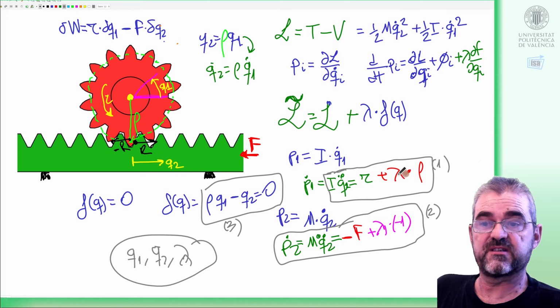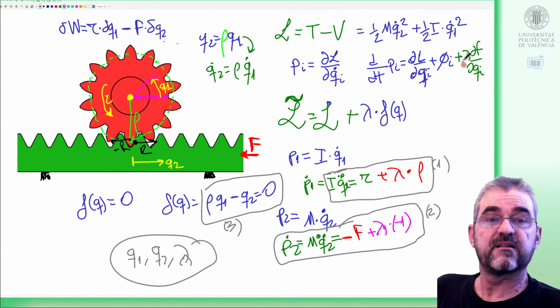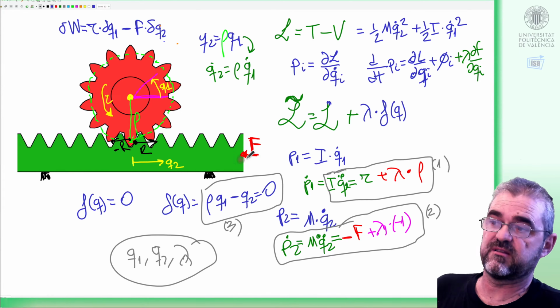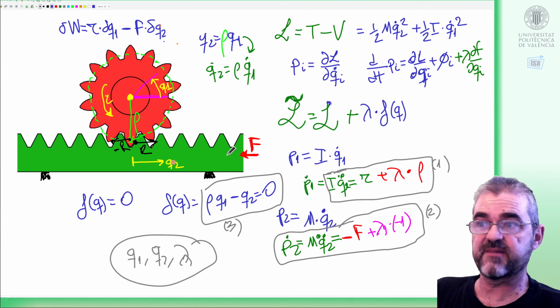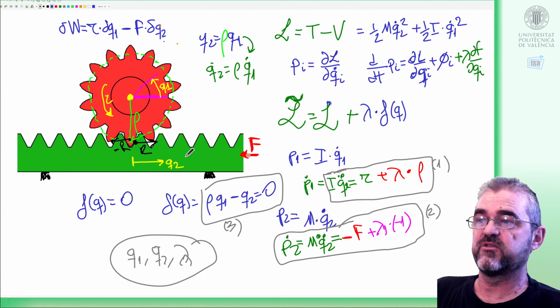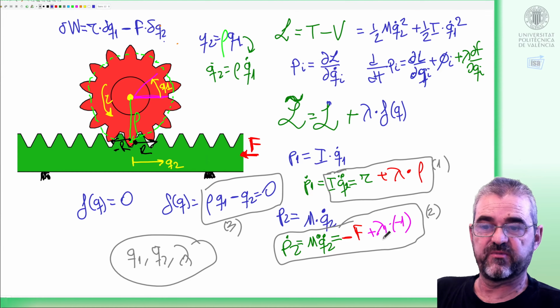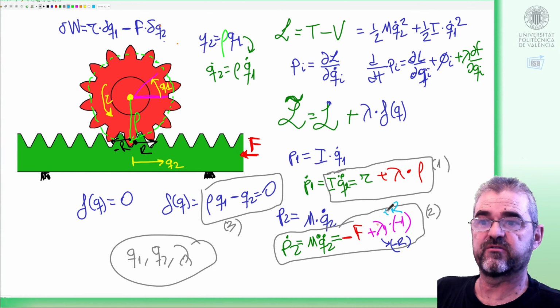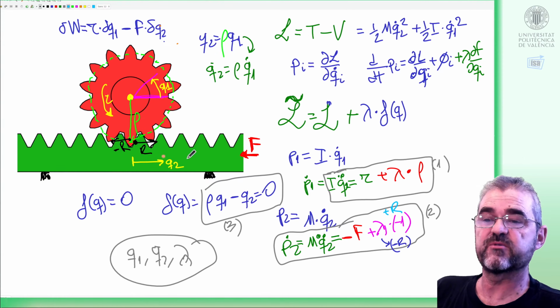Because if you see the role of lambda, if F has units of linear displacement, then this lambda has dimensions of force, because if we were doing the Newton equations of the green mass, we would have minus F plus R, so it means that lambda should be minus the reaction force. So I would get plus reaction force in this linear movement equation.